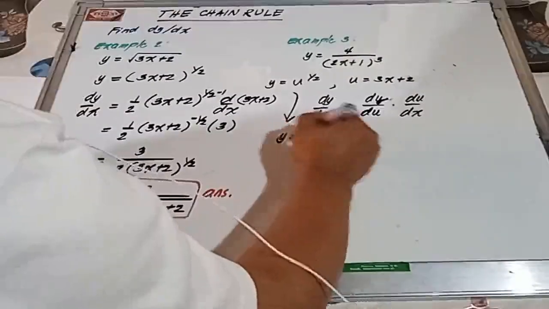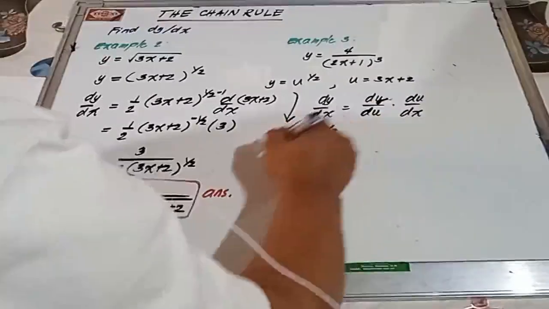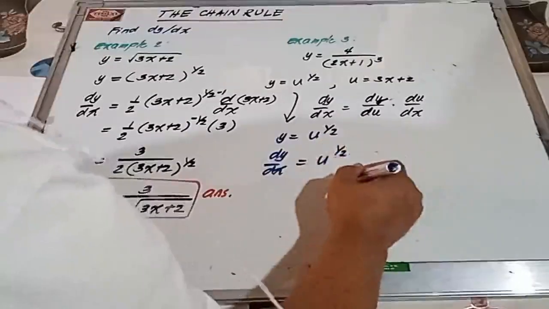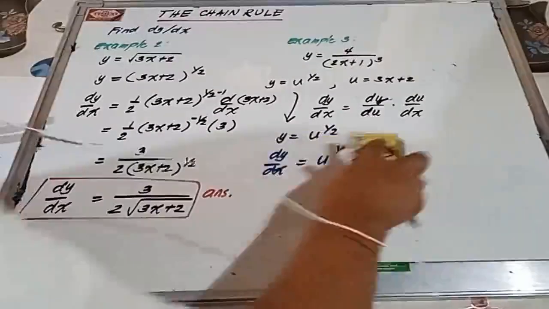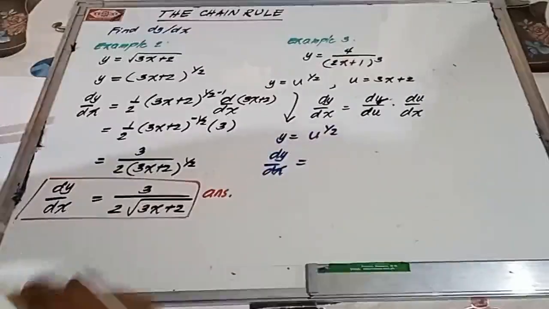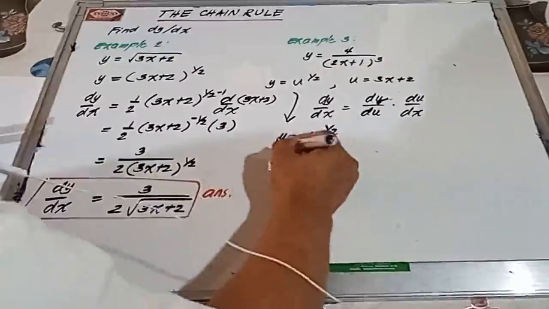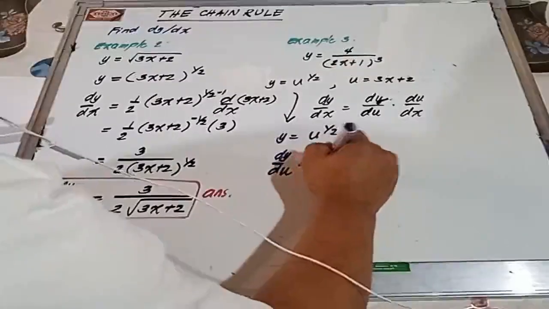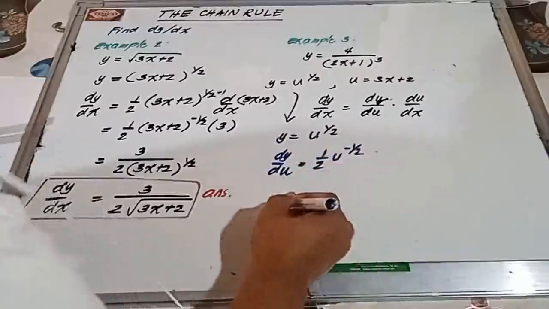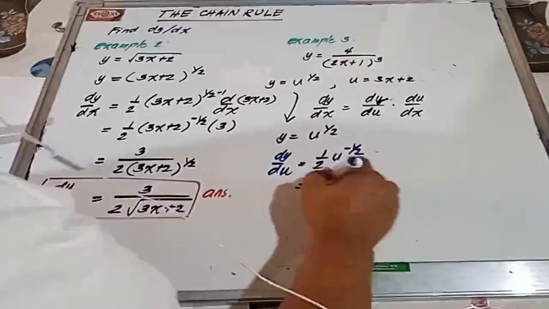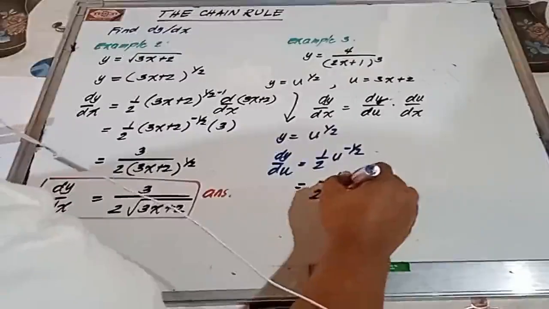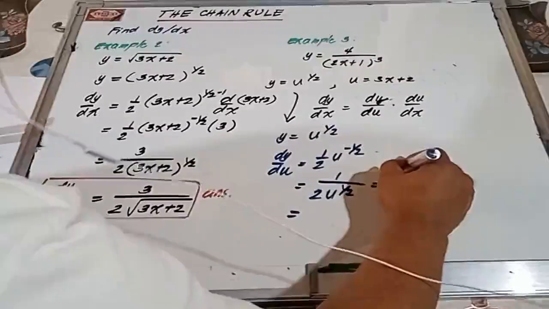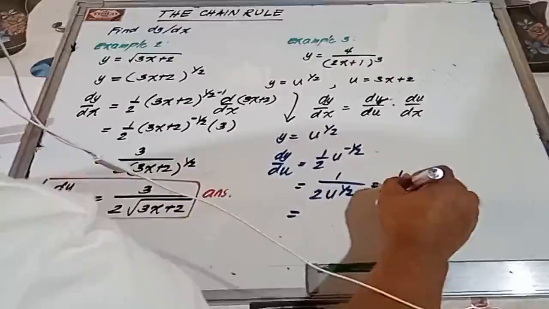Okay? y equals u to the 1/2, dy over du, u to the 1/2 minus 1/2, power rule. This is dy over du equal to 1/2 u to the negative 1/2. Diniretso ko na. Okay? And this is equal to 1 over 2u to the 1/2, or this is equal to 1 over 2 square root of u.